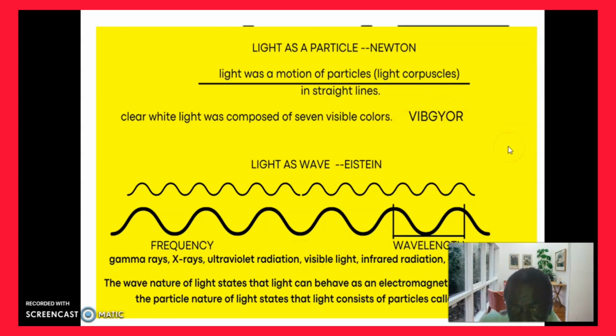So it's so explanatory. And this explains the duality of light: it can behave as an electromagnetic wave, whereas the particle nature of light states that light consists of particles called photons.